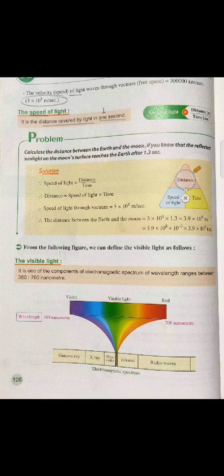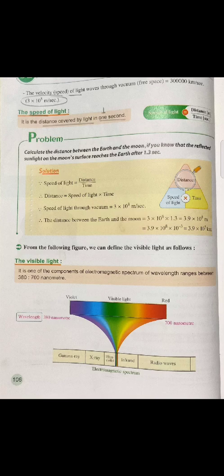The visible light spectrum is one of the components of the electromagnetic spectrum, and its wavelength ranges between 380 to 700 nanometer. Once more, the wavelength of the visible light equals 380 nanometer to 700 nanometer.